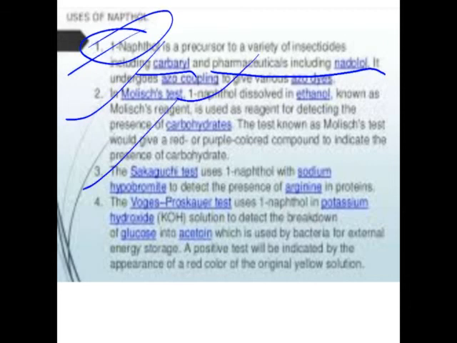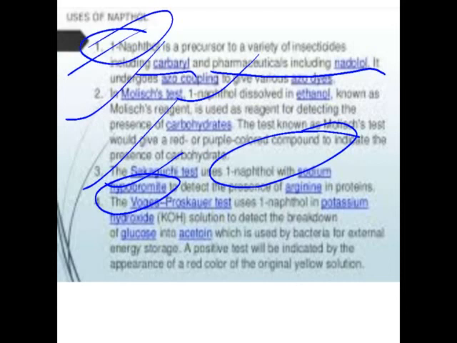Then third one, in the determination of arginine in the protein. So arginine हे अमायनो ऍसिड आहे. सो प्रोटीन मध्ये भरपूर अमायनो ऍसिड असतात. सो दिलेल्या प्रोटीन मध्ये अर्जिनिन हे अमायनो ऍसिड प्रेझेंट आहे का नाही ते आयडेंटिफाय करण्यासाठी जी टेस्ट असते सॅकागुची टेस्ट, त्या सॅकागुची टेस्ट मध्ये अल्फा नॅप्थॉल हे सोडियम हायपोब्रोमाइड मध्ये वापरलेलं असतं.